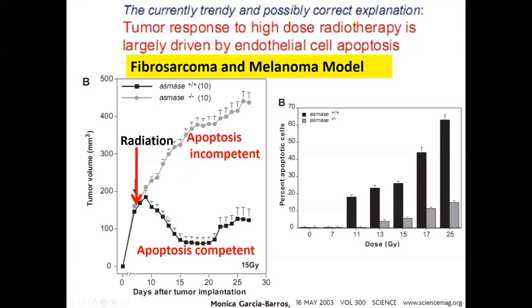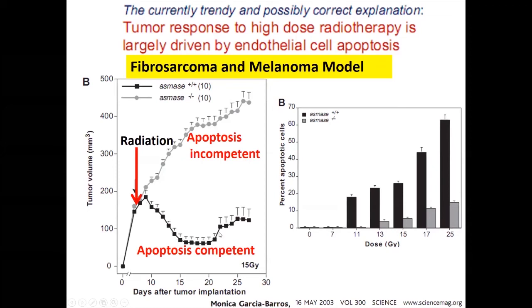The tumors were allowed to grow, and at this point a very high dose of radiation was delivered, that is around 15 gray. And what they observed is that in apoptosis incompetent mice, the tumor continued to grow, while in apoptosis competent mice, there is a sudden reduction in tumor volume.